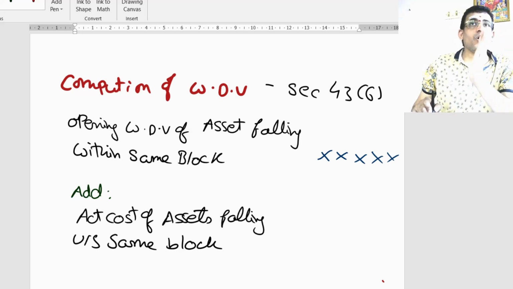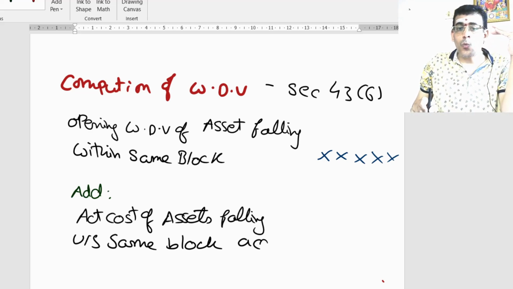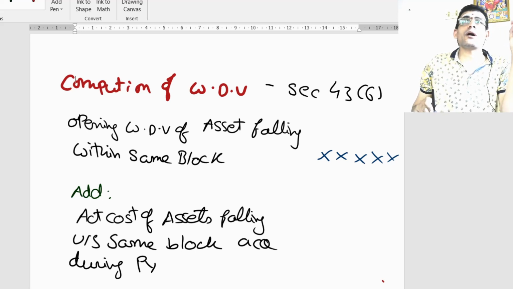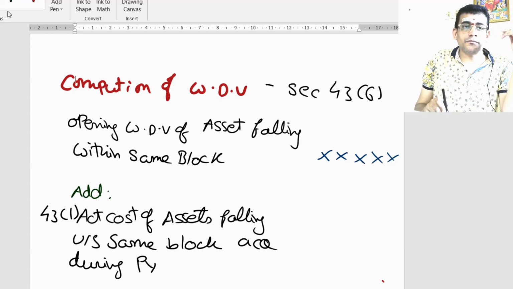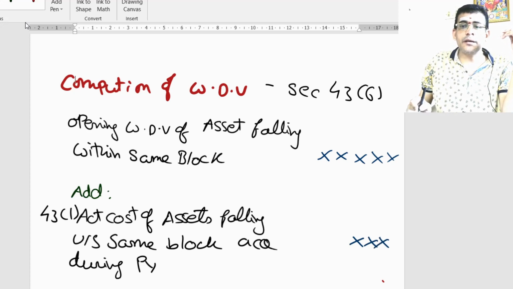Whatever block the assets represent, to that block I need to add the actual cost of assets falling under the same block acquired during the previous year. If that belongs to block 1, add that to block 1. If that asset belongs to block 2, add that to block 2. This actual cost of the asset, we'll discuss later, is mentioned under section 43 subsection 1. Now let us consider your actual cost of assets acquired being X.